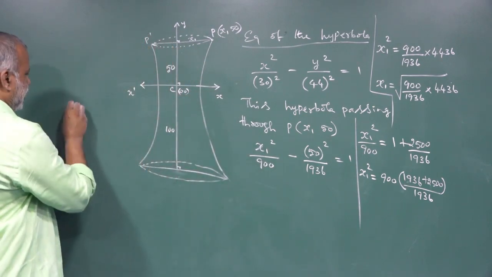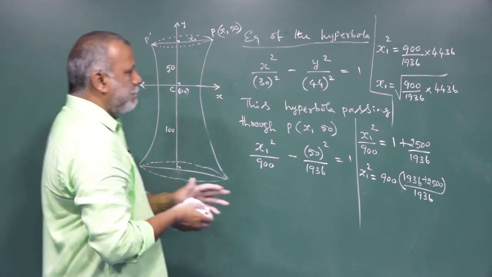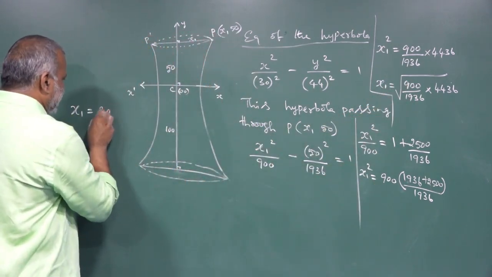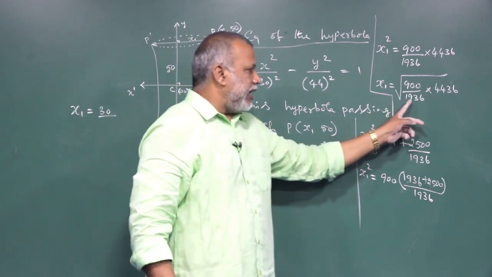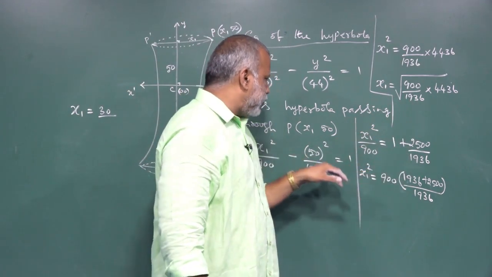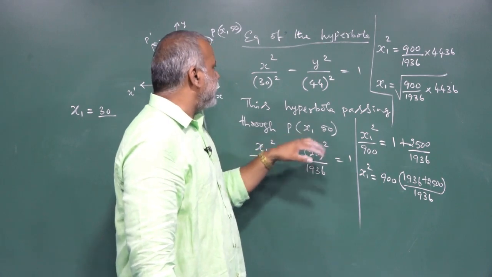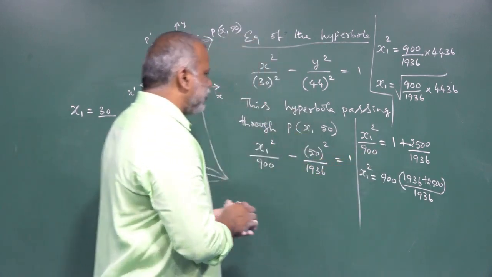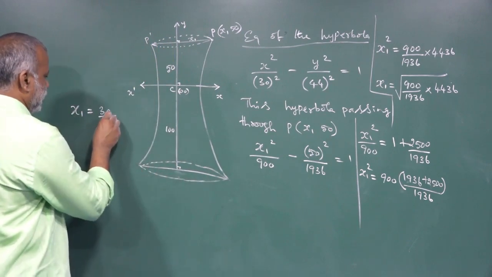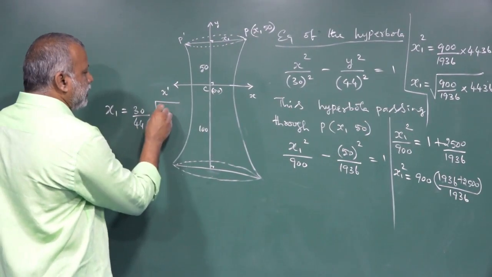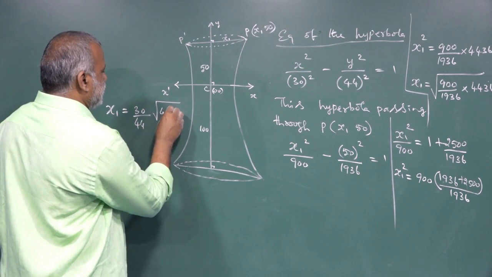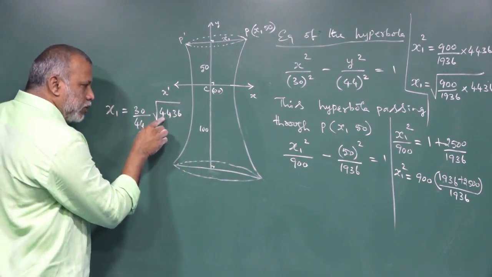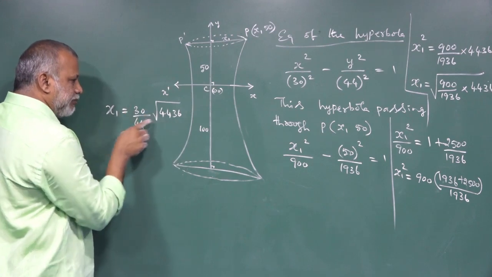Now listen, if you take the square root of 900, it becomes 30. Divided by the square root of 1936, that is 44 squared, so the square root of 1936 gives 44. Again the square root of 4436. Dear students, your work is to take the square root of 4436 and simplify this one.